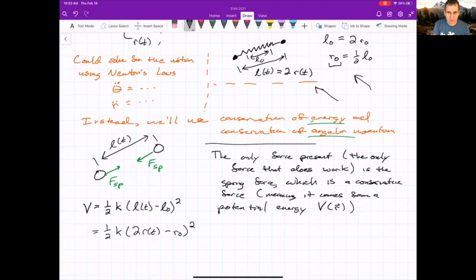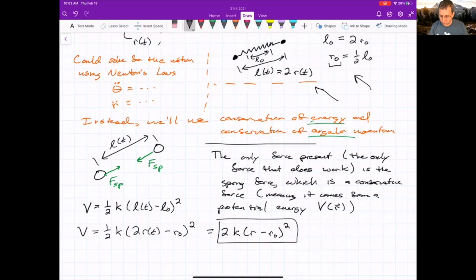Once you square that, you get 2K (R minus R naught) squared. And I've dropped that it's understood that R is a function of time. That's the thing that will change. So this is the expression that I'll use for the energy in the spring.